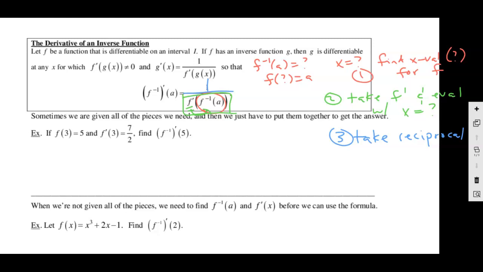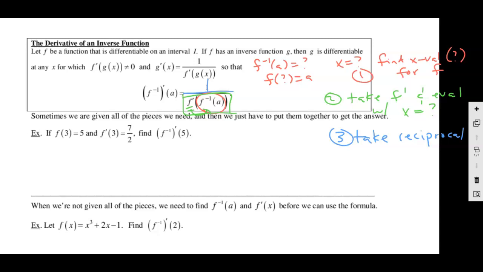Okay, so there's the 2 different sides, the original with its value, the inverse with its different value. If you can do all the work on the inverse side, great, you can. However, a lot of the times that won't be possible. So you have to switch it over to the original function, find the correct value for that original function, do all the work on that left side, take and evaluate the derivative, but then switch it back by taking the reciprocal.